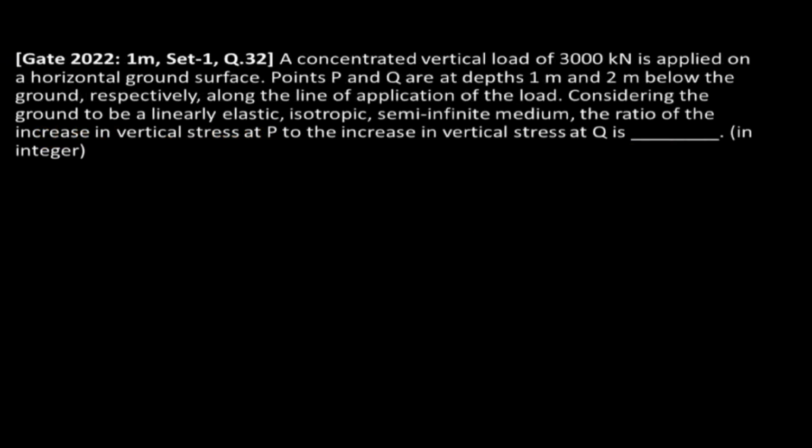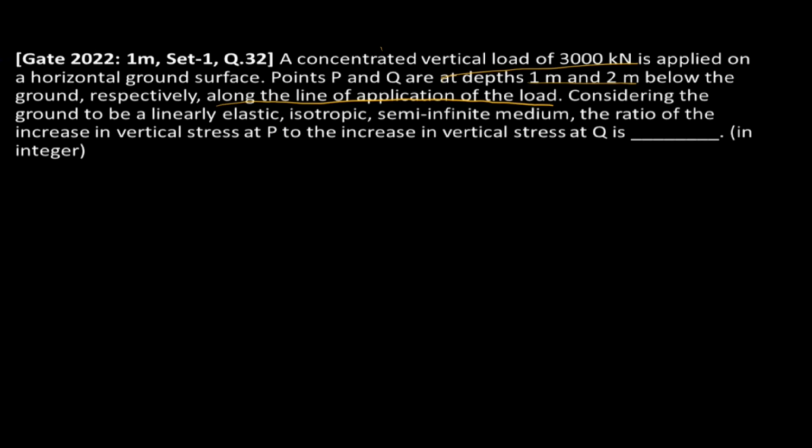If you see this question, they have given that a concentrated vertical load of 3000 kilonewton is applied on a horizontal ground surface, and they have also given the depths 1 meter and 2 meter, that is acting along the line of application of load is the key point. Okay, so they have given as per Boussinesq equation.